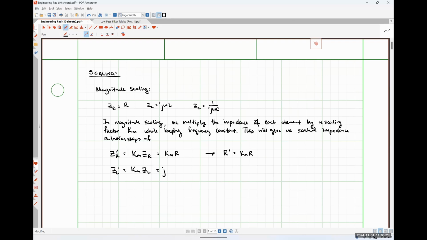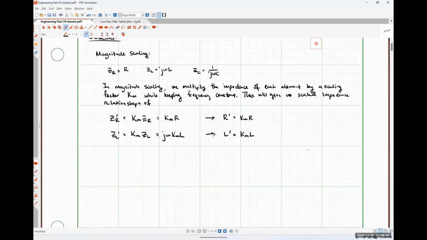So this is going to give us j omega Km times L. And so our scaled inductance value is Km times L. And then lastly, for our capacitance impedance, we'll have ZC prime is Km times ZC, which is going to look like Km over j omega C. And from this, our scaled capacitance value is C divided by our magnitude scaling factor.